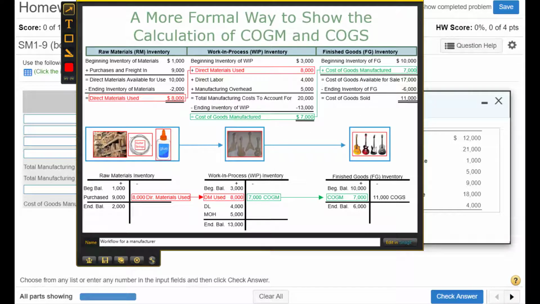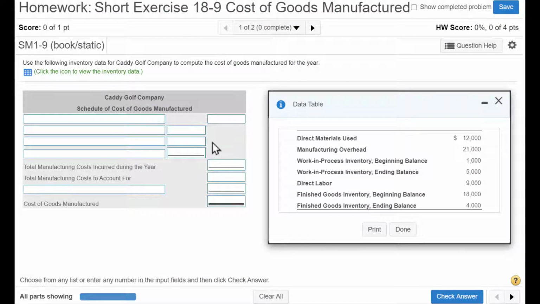We need to understand these three formulas, 1, 2, 3, really well for this chapter and future chapters. Once you understand these formulas, which correspond with what's going on down here in these T accounts, you can then do a problem like this in which we're going to create a schedule of cost of goods manufactured.